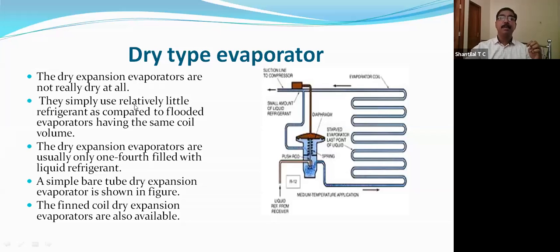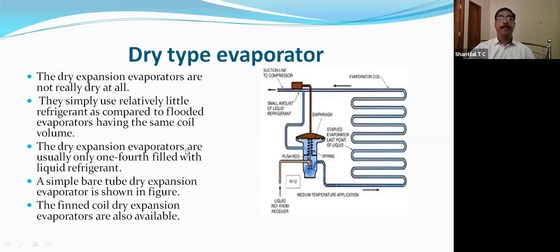They simply use relatively little refrigerant as compared to flooded evaporators having the same coil volume. Suppose the flooded type has a particular evaporator coil volume, and the dry type evaporator also has a particular volume. But here a small quantity of refrigerant is flowing, while in flooded, 100% liquid is flowing.